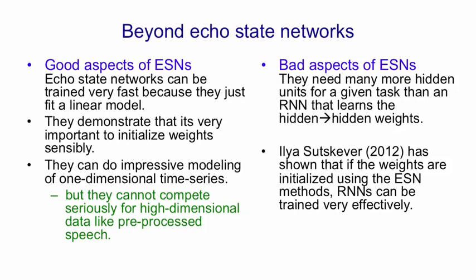Once you've done that, you know you could learn quite well just by learning the hidden to output connections, but then presumably you could learn even better if you also learned to make the hidden to hidden weights better. So Ilya tried using the echo state network initializations, but then training with backpropagation through time. He used RMSprop with momentum, and he discovered that that is actually a very effective way to train recurrent neural networks.